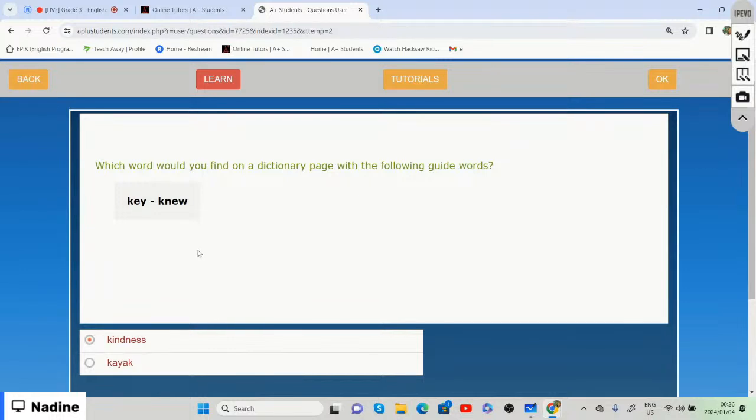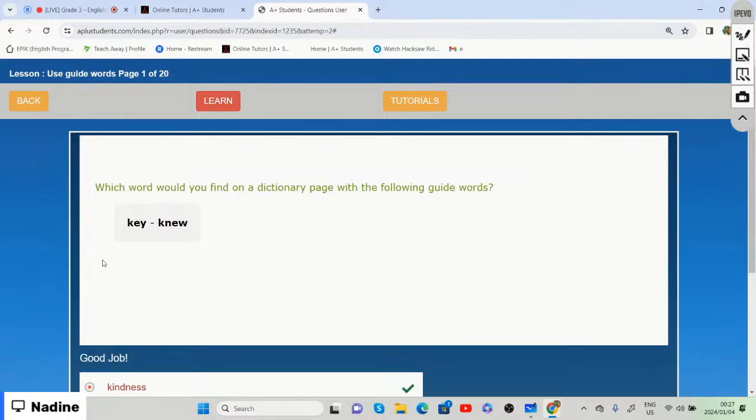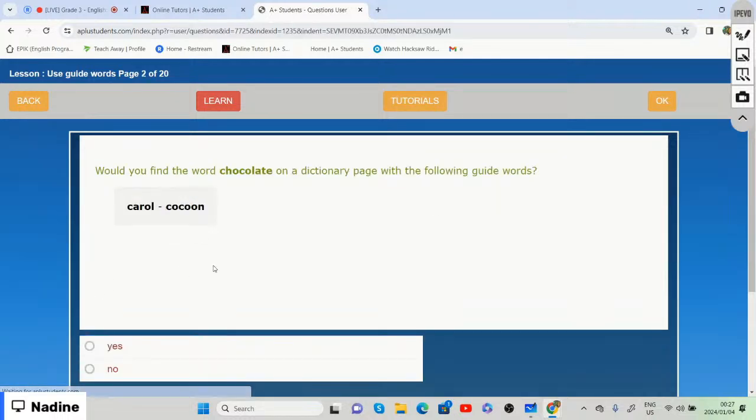So kindness. And yes, kayak is a type of boat that you usually use on a river or something. But kindness is correct, so well done. Kayak is KA, and that goes before key.